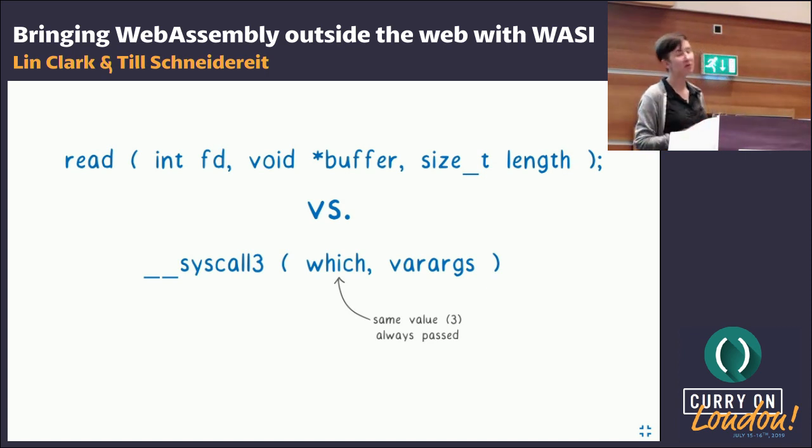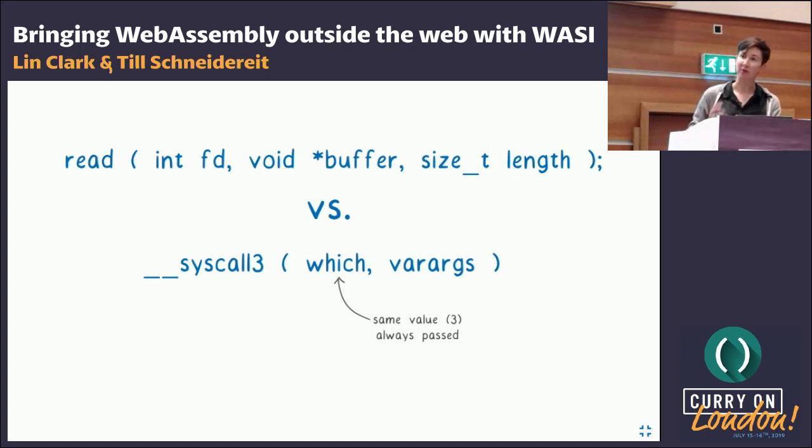For example, a function that would be called something like read in an API that was meant for public consumption, the JS glue code instead uses _system3, and the parameters are which and var args. So the first parameter, which, is an integer, which is always the same as the last number in the function name.